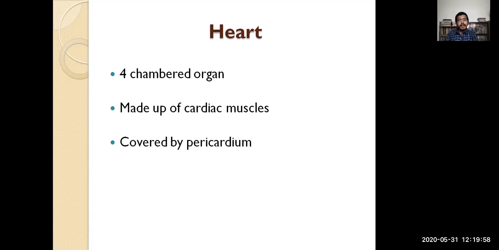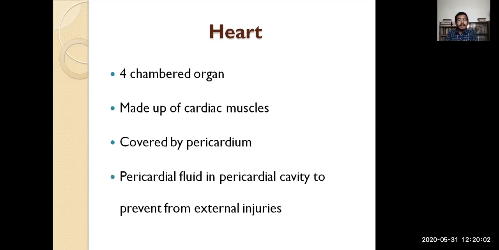This heart is covered by the pericardium. It is a double-layered membrane, and this double-layered membrane consists of pericardial cavity, which consists of pericardial fluid. This pericardial fluid is responsible to protect the heart from the different types of the external injuries.